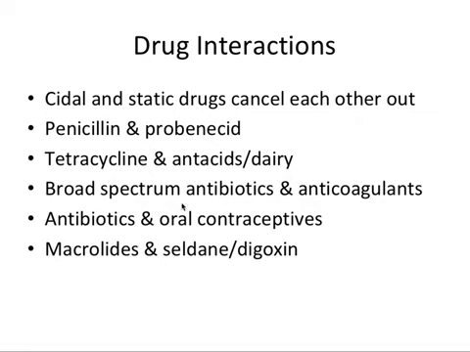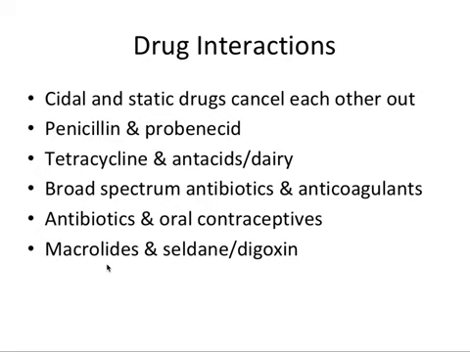Broad spectrum antibiotics interact poorly with anticoagulants, so they actually enhance the action of coumarin anticoagulants because they reduce vitamin K sources. Now, antibiotics in general, like ampicillin, other ones we mentioned, decrease the effectiveness of oral contraceptives due to suppression of normal GI flora, and it's involved in recycling of active steroids.